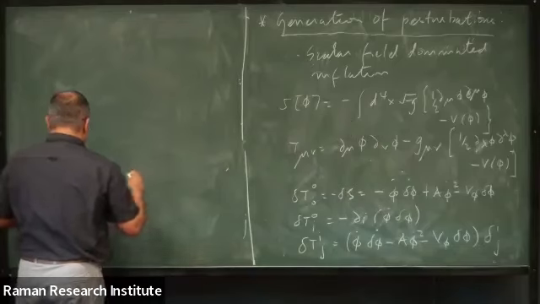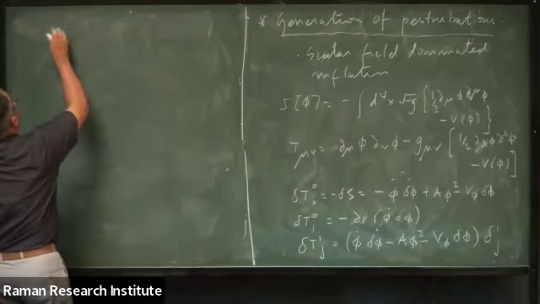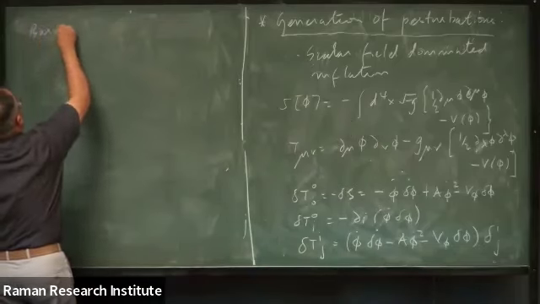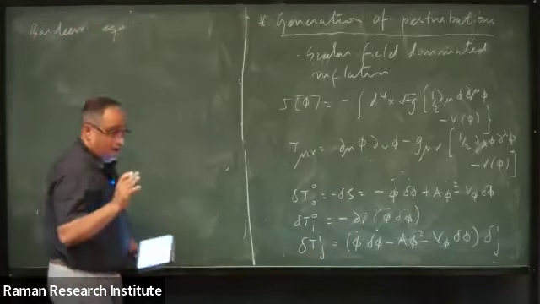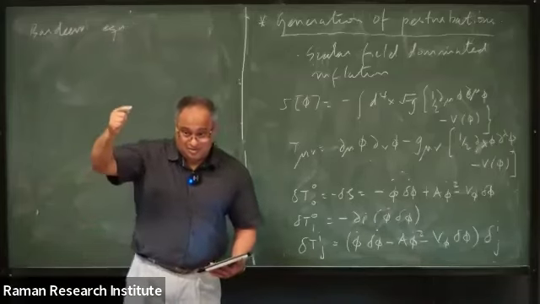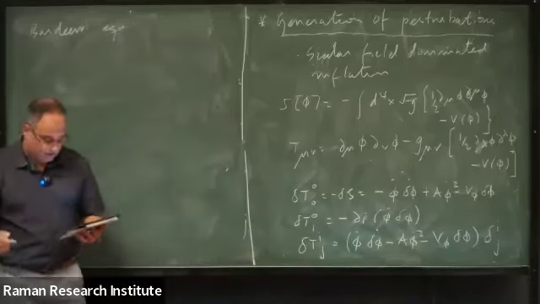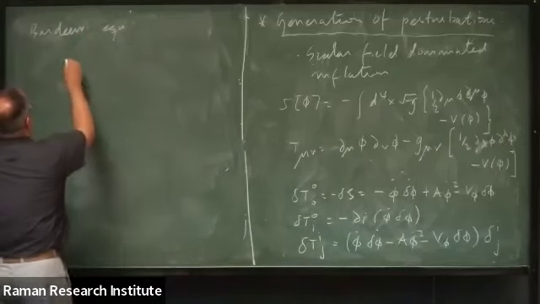Please keep it somewhere and you can arrive at the Bardeen equation. This is the Bardeen equation, but you know how to do it. You just have to mix the 0, 0 and the ij components. And what you obtain is as follows.